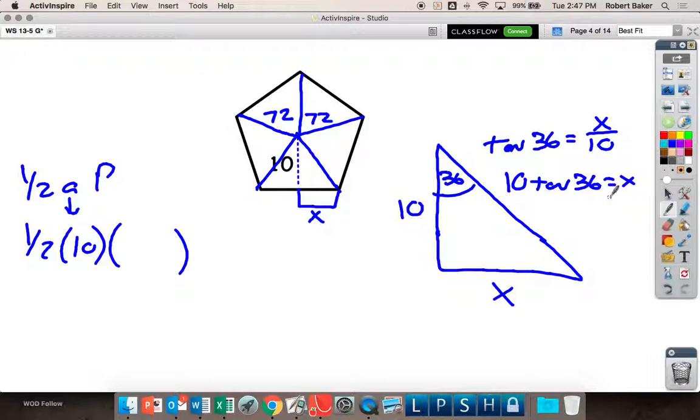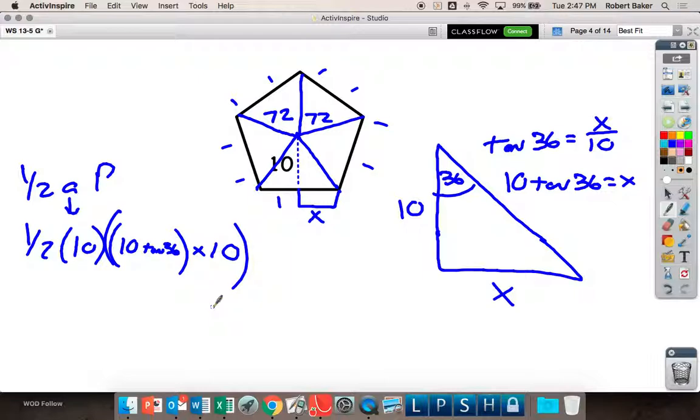Now how many of those pieces are there? 10. There's 10 of those pieces. So I can say that my perimeter is equal to 10 tangent 36 times 10 of those pieces. Or you can calculate it and double it and then multiply it by 5.